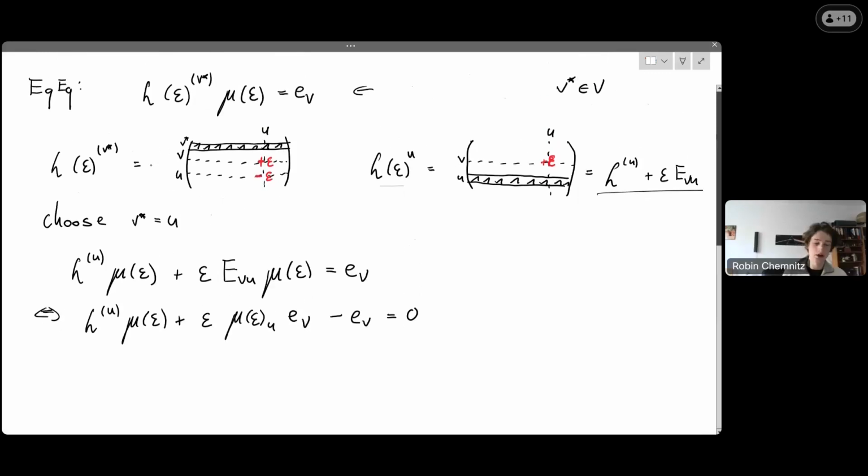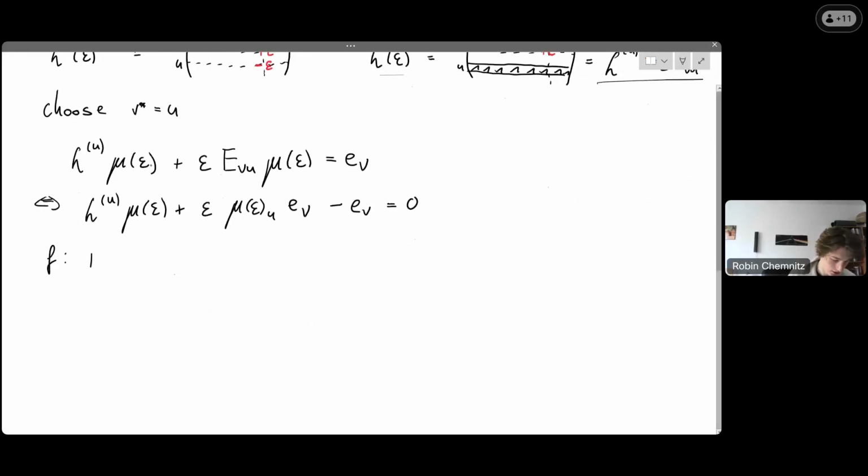And now we can do the implicit function theorem. So let us define an F, which takes an epsilon and some vector x, and we exactly replicate this equation.